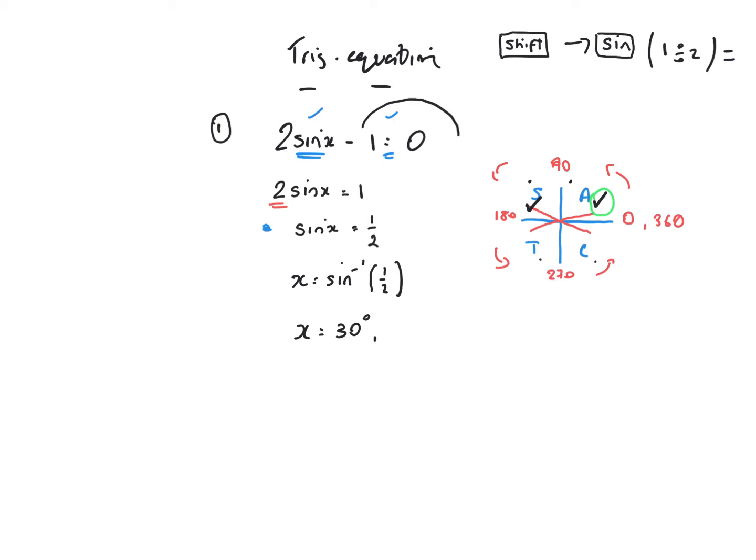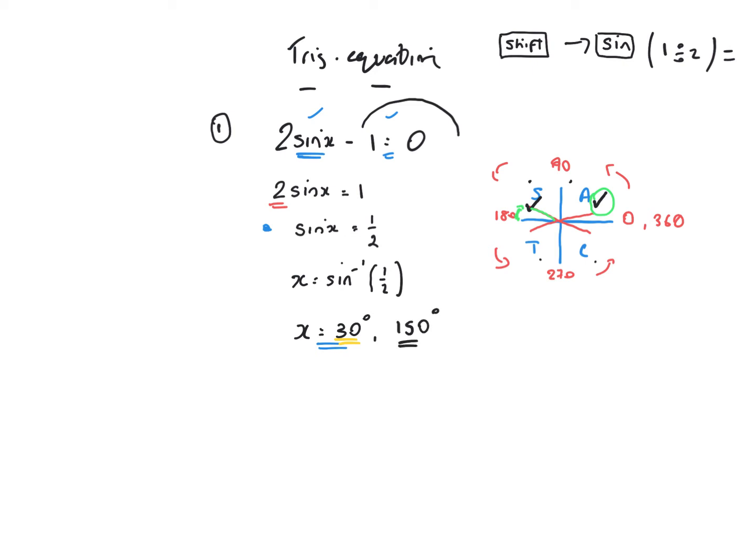So we do this bit in our head. You take your answer of 30 degrees, and then you find out what that gives you in the sine quadrant. Now the sine quadrant tells you to take away from 180, so that's what that wee line is indicating that you do. So you take away from 180 the 30 degrees. So 180 take away 30 degrees gives you 150 degrees.